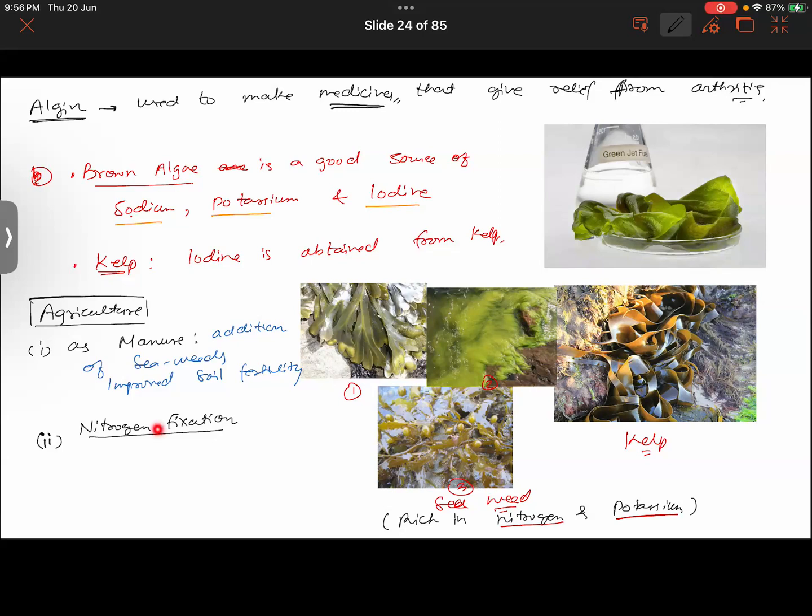Which bacteria helps in nitrogen fixation? It was rhizobium bacteria. Yes, sir. Right.